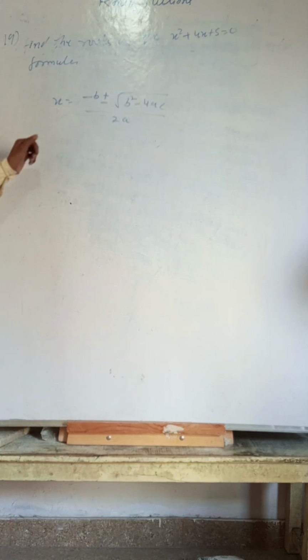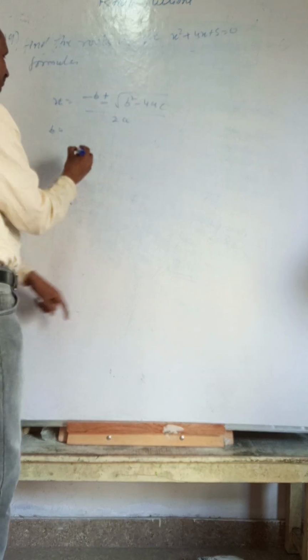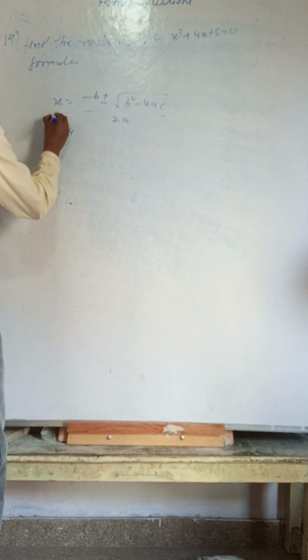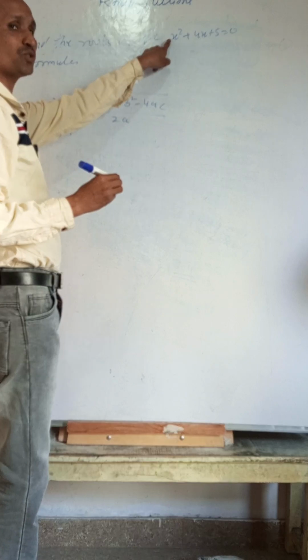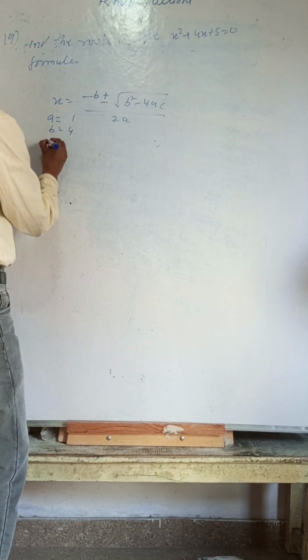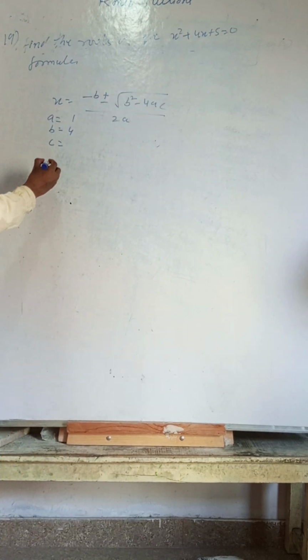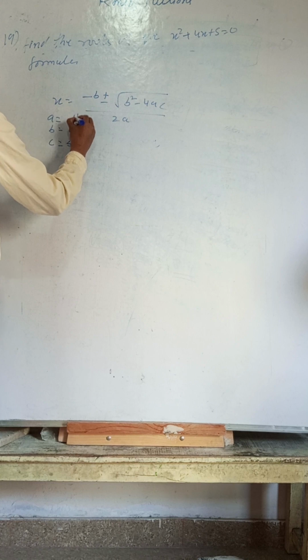Here b is equal to 4, a is 1, the number written with x square, and c is the constant number, 5.